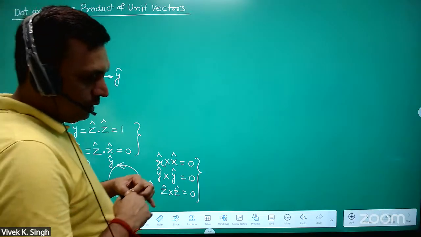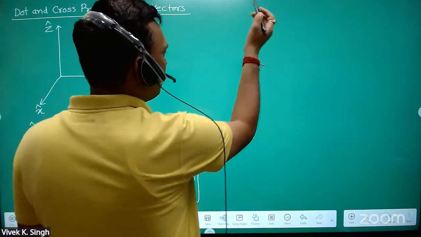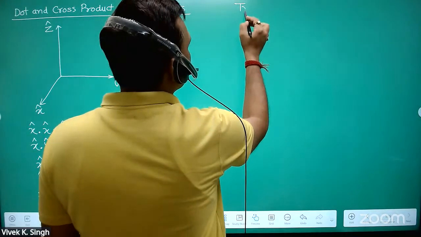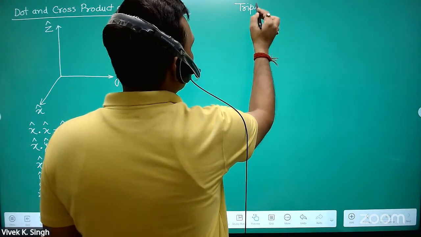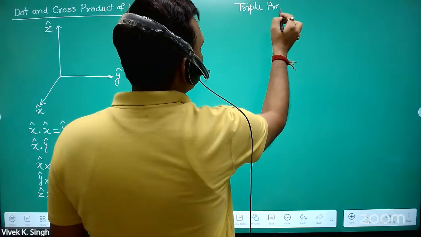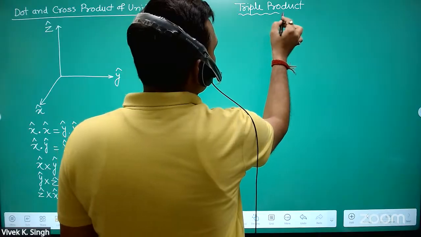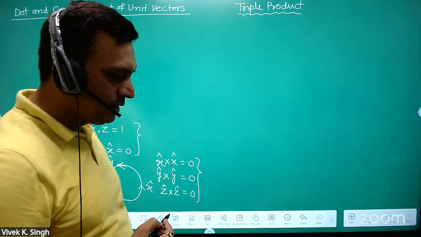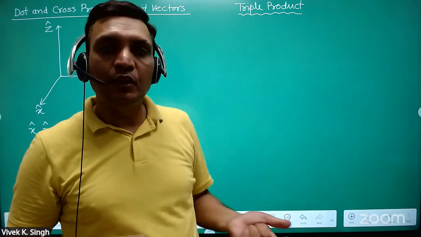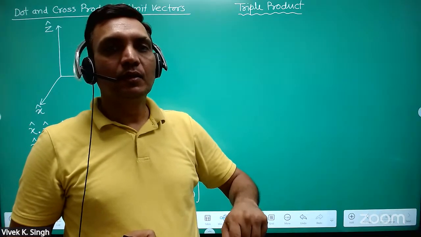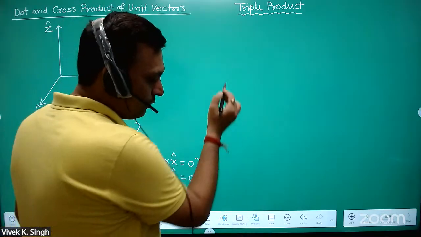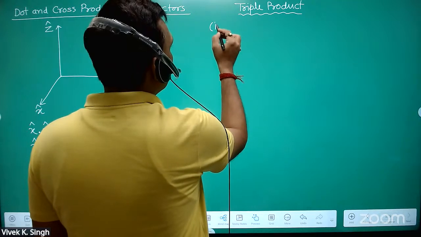Yes, sir. Now we will define the triple product. Let's define the triple product. If you take the cross product of two vectors, the result is a vector. So again you can take a dot product or a cross product. That is how we define a scalar triple product.